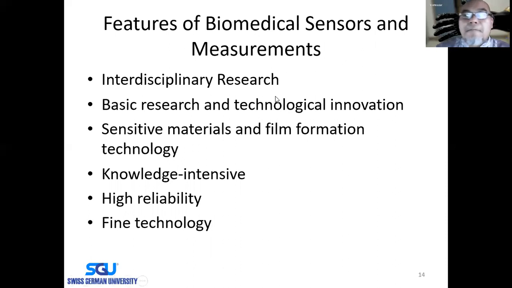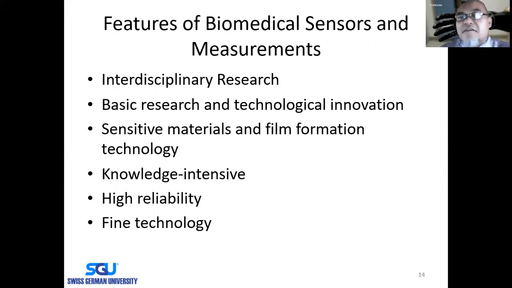Then it also relates to basic research and technological innovation, with the development of new techniques, new science. With nanotechnology, for example, more and more sensors are being made smaller and smaller, to include nanotechnological development in the sensor itself. Previously, the sensor was a very big size; you needed a whole room, for example, to develop such a sensor.